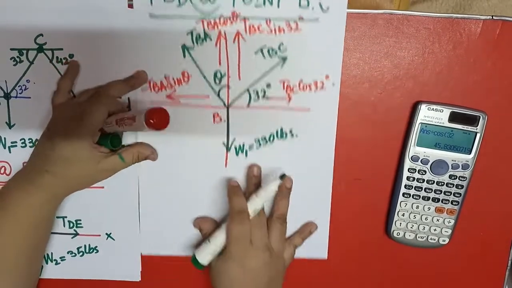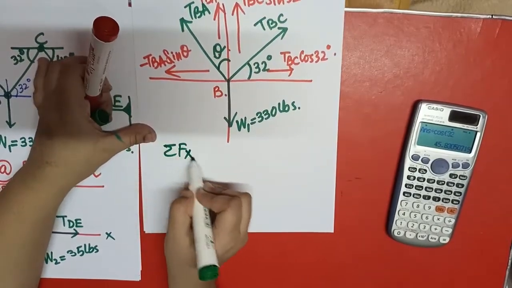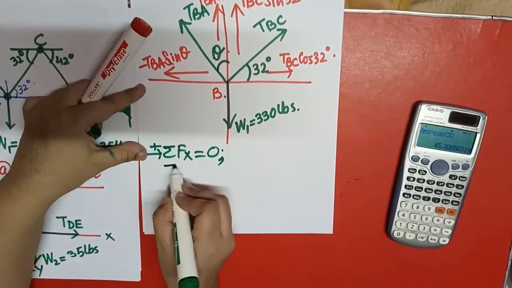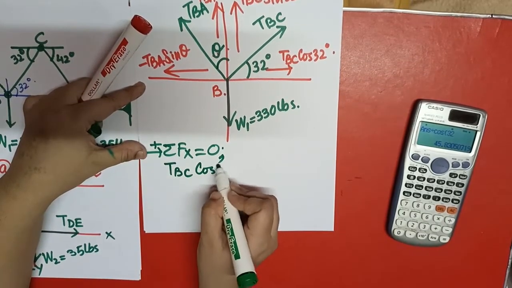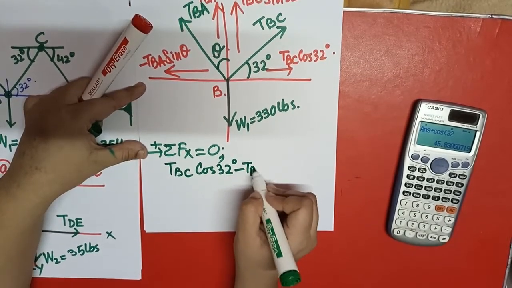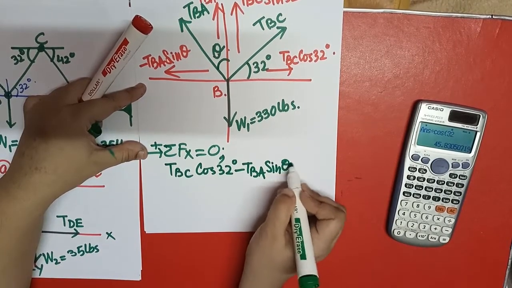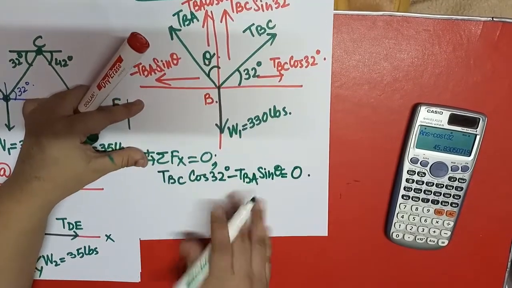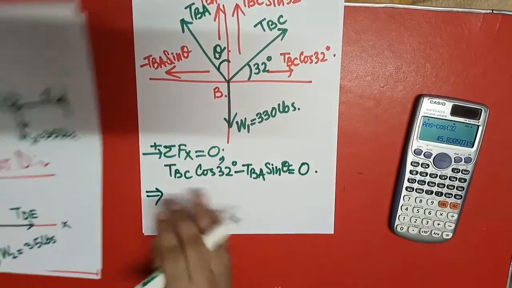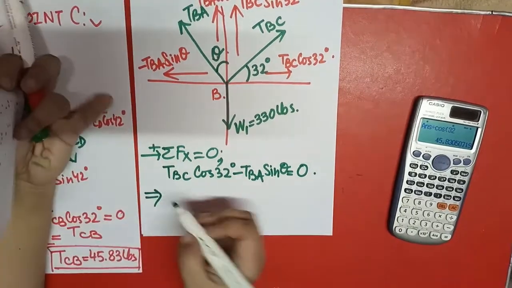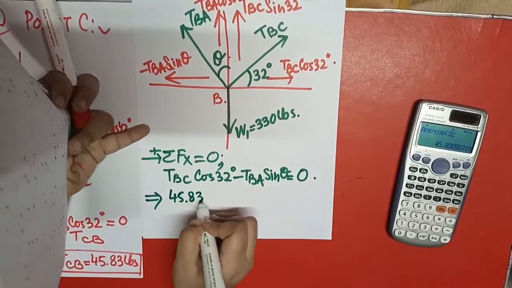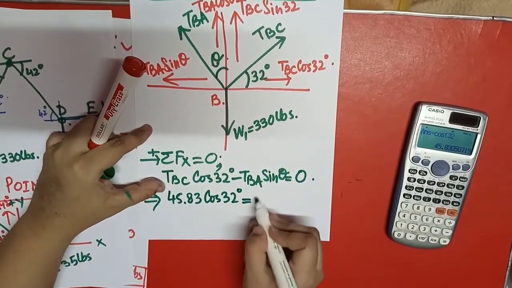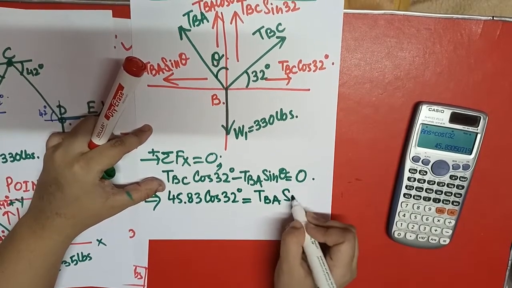So first I am going to solve it. Summation of horizontal forces is equal to 0. So it will be what? Horizontal forces: TBC cos of 32 degrees minus TBA sin theta equals 0, because there is no other horizontal force here. We already got the value of TBC, which is 45.83. So 45.83 cos of 32 degrees equals TBA sin theta.